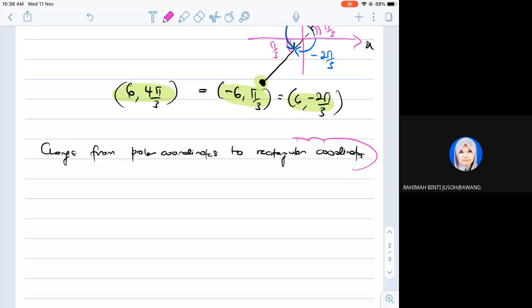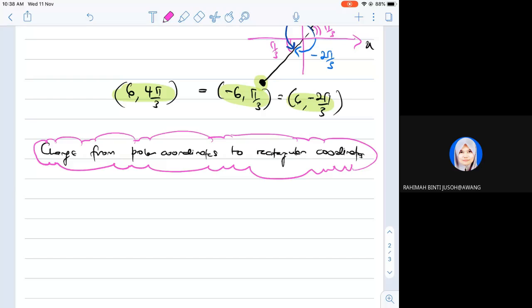Guys, this topic 1.5 is also important because this topic is the basis for integration in polar coordinates. In chapter 4 later, by the end of the semester, we will cover the subtopic integration in polar coordinates. That's why in chapter 1 you learn polar coordinates. Make sure you understand the basics so that you can apply this knowledge in chapter 4 later.